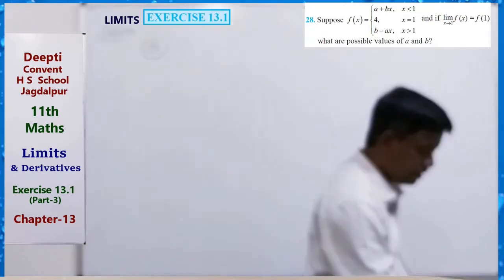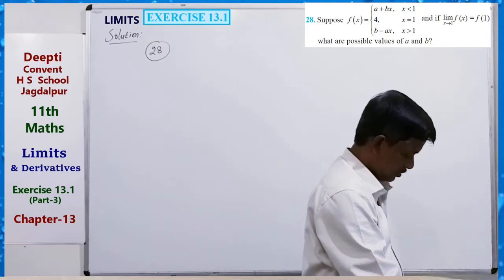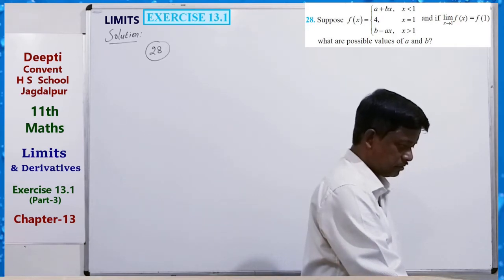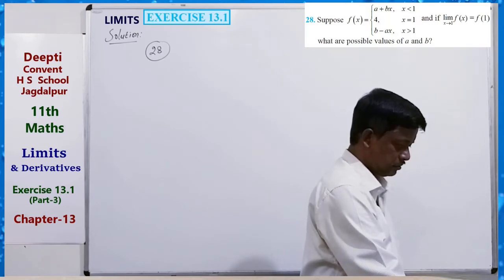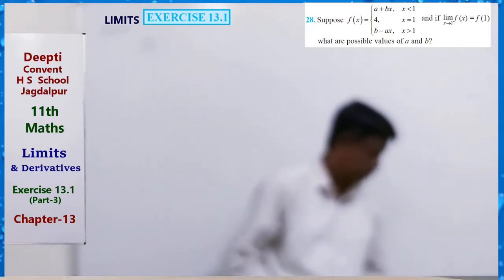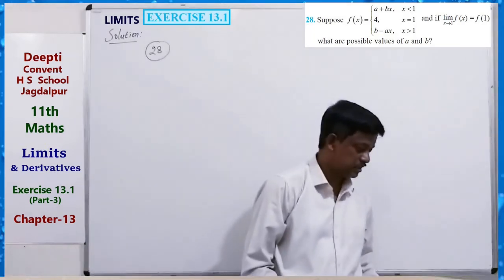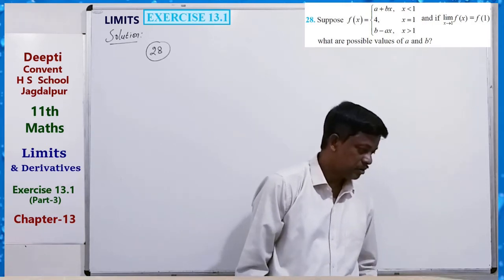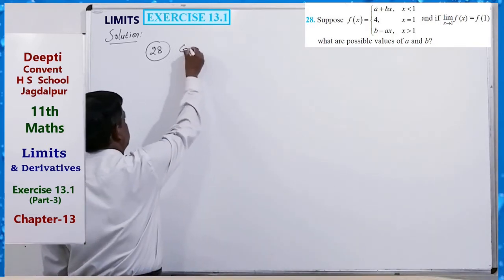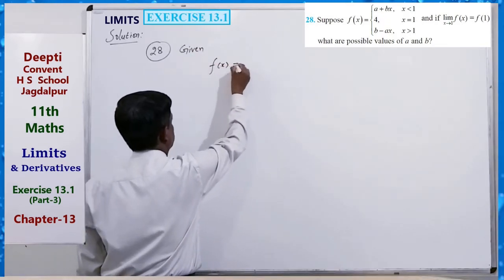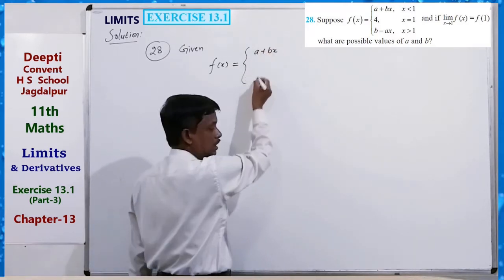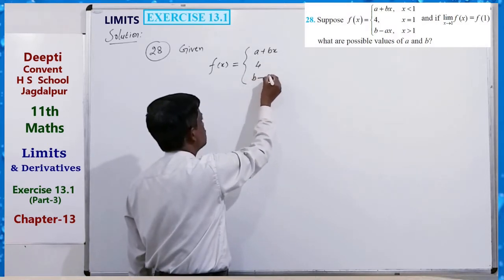Question 28. Just see the 28 question. Here, f(x) equals a plus bx, 4, and b minus x.